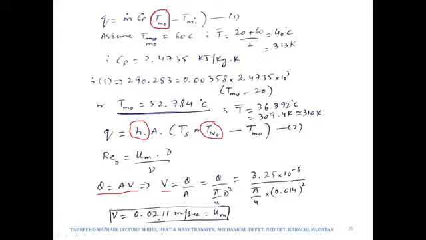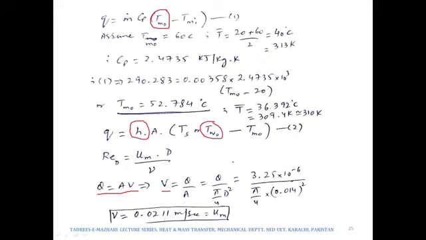It will be 0.021 meters per second. That would be the mean velocity. Now the mean velocity would then be kept in the expression of Reynolds number, and we get this value as 30.6. Since it is less than 2300, the flow would be considered as laminar.